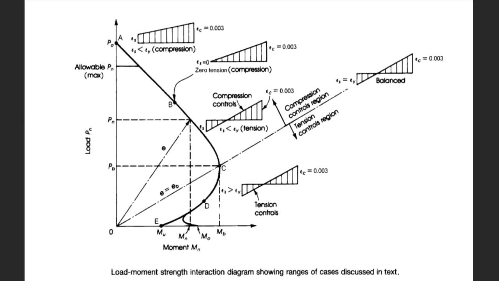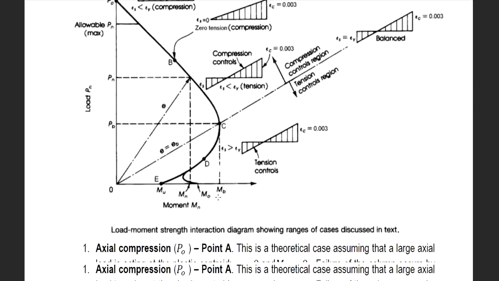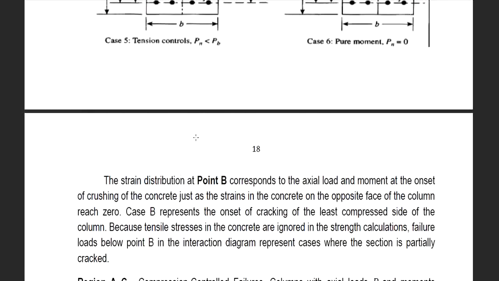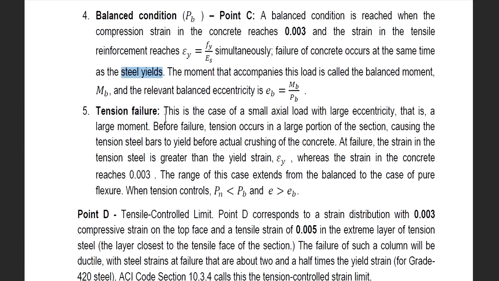After this point C, you can see over here, strain in concrete will remain constant and tension is going to form in a particular zone. So why this tension is forming, they are given over here at this particular point, tension failure.